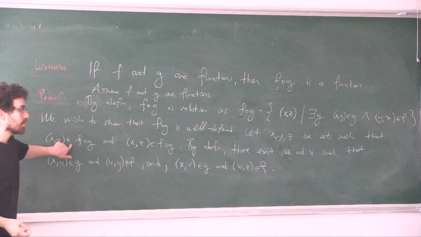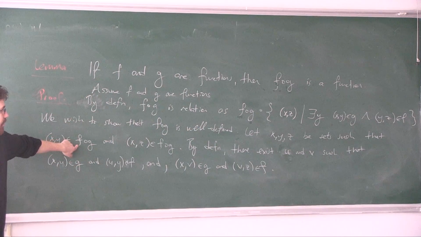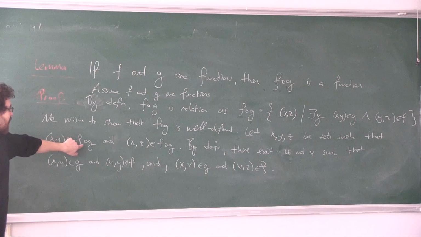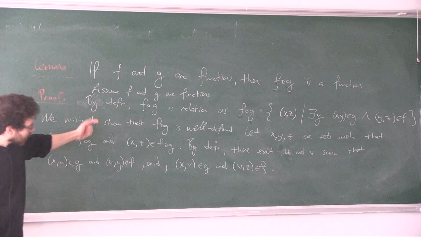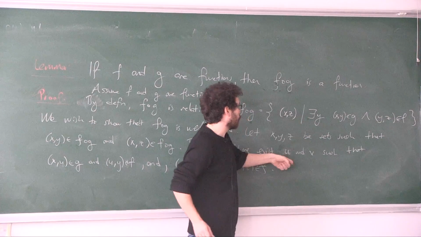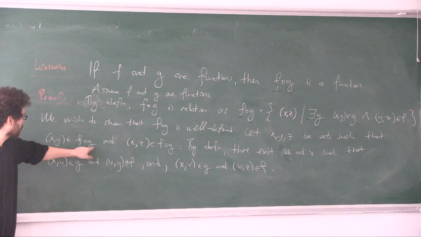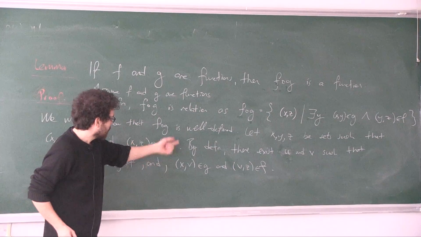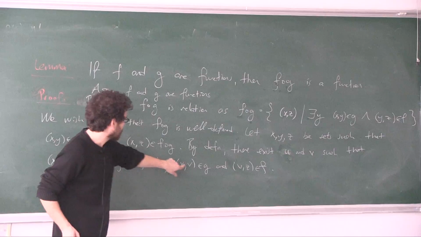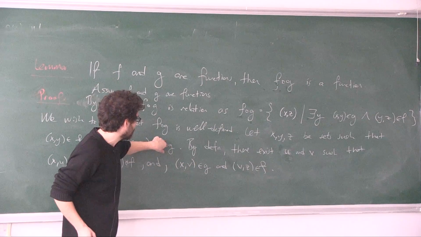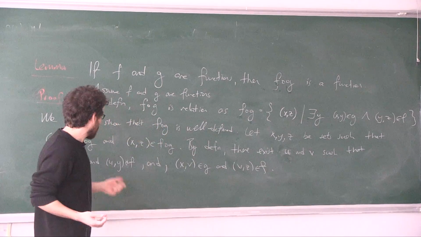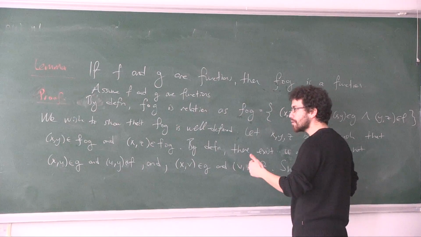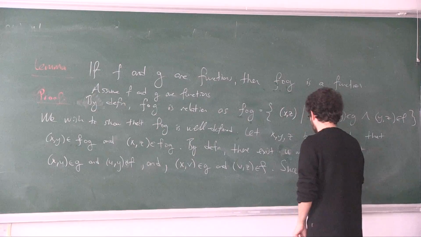I just opened up the definition of this. When is an ordered pair an element of this composition? If there exists some set, which I called u, satisfying this: (x, u) belongs to the first, (u, y) belongs to the second. And similarly, there exists some other set v such that (x, v) belongs to the first, (v, z) belongs to the second. Now I'm going to use the fact that f and g are functions. Let's first use the fact that g is a function.